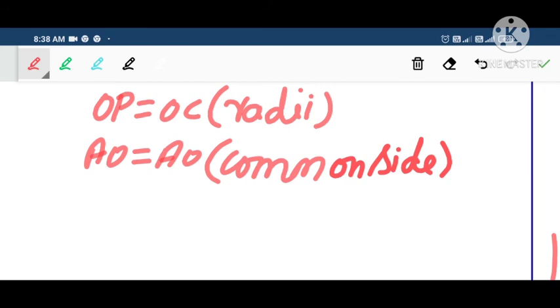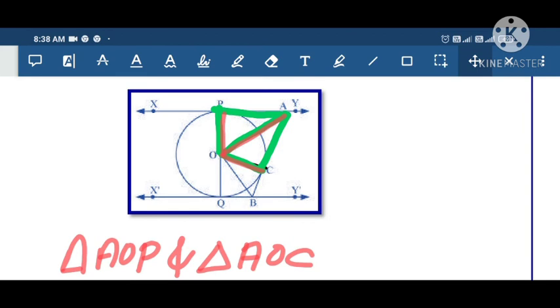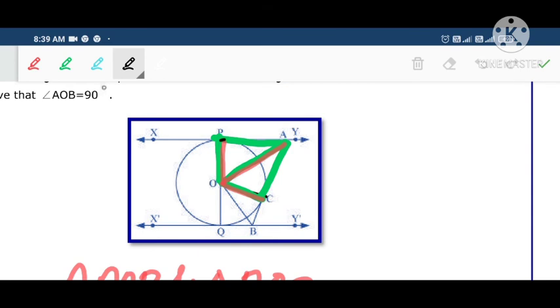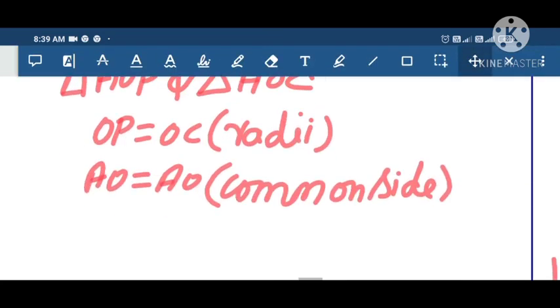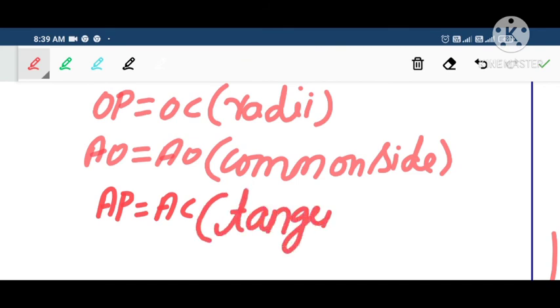Next we observe another criterion. Finally I take AP and AC. In the question itself they are given as tangents. You know that two tangents to a circle from a point are equal. So AP is equal to AC, as these two are tangents.